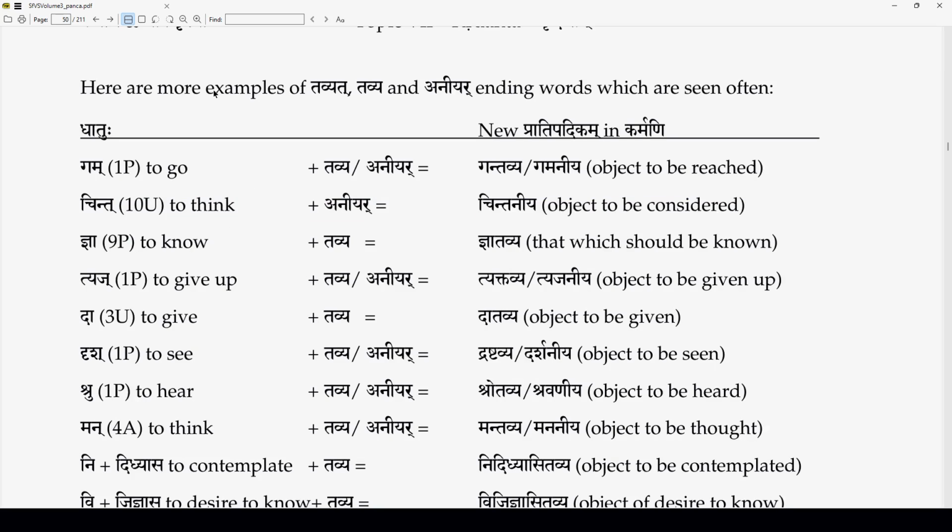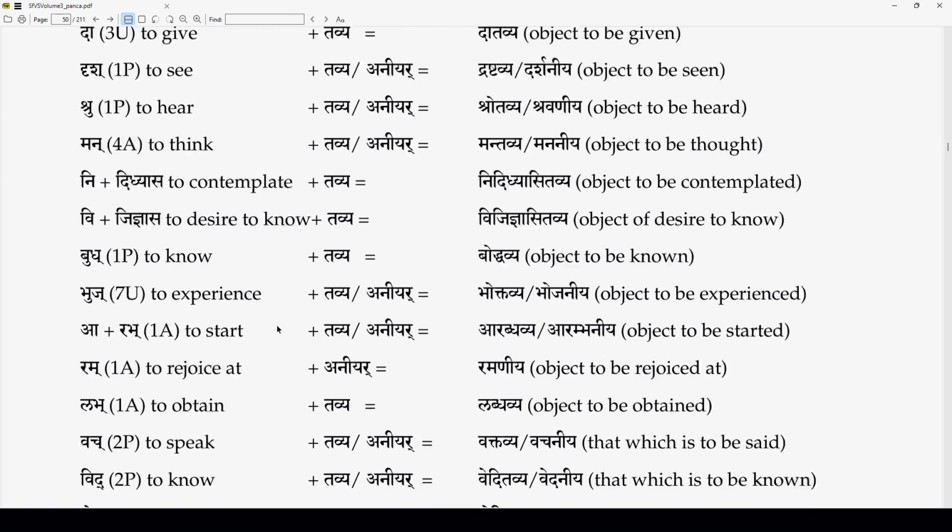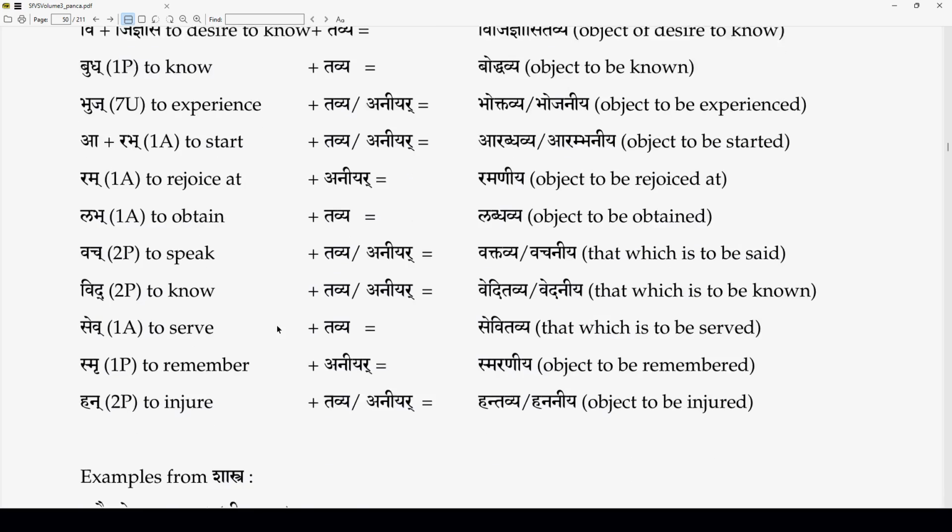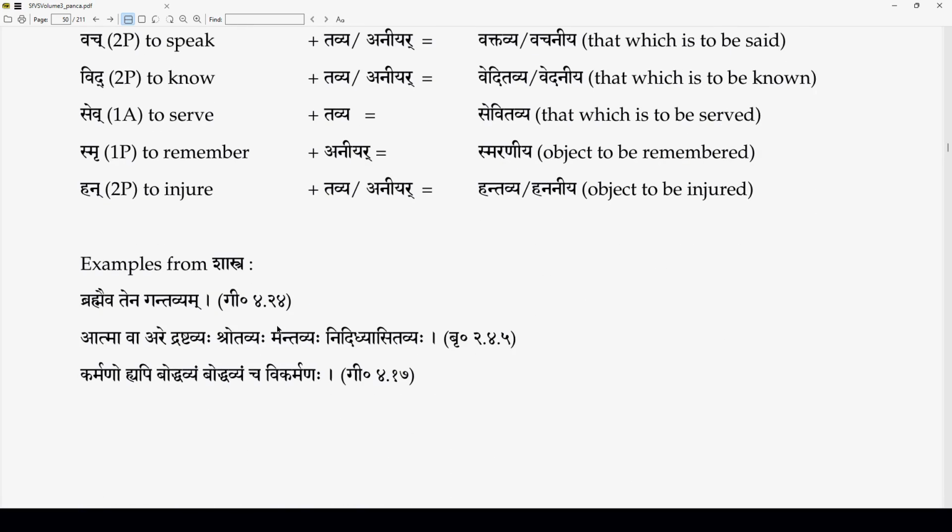Not all the forms are given here, but some examples: drashtavya, darshaniya, shrotavya, shravaniya, mantavya, mananiya, etc. Nididhyasitavya, vijnyasitavya. Seva is a set: sevitavya. Set.